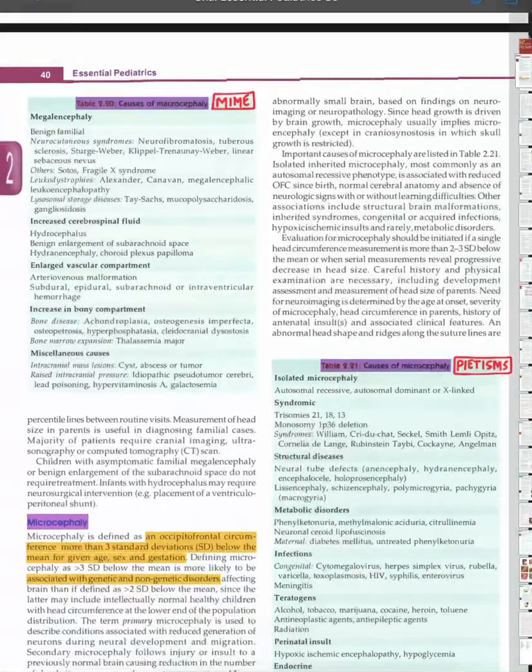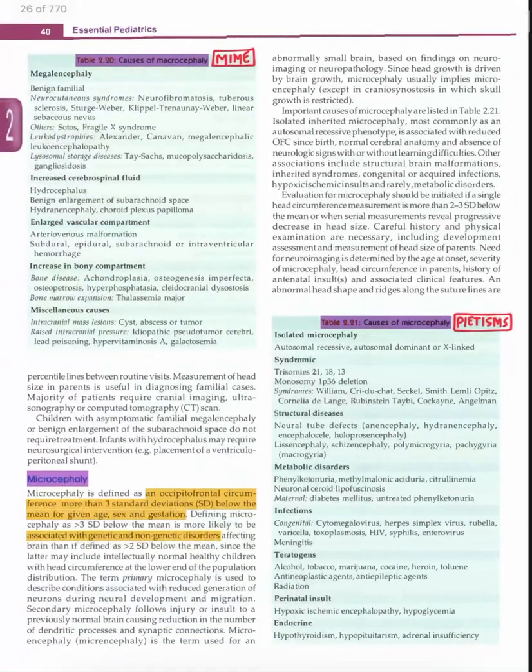What are the causes? P for perinatal insult, I for isolated microcephaly, E for endocrine causes, T for teratogens, then I for infections, S for syndromic, M for metabolic disorders, and then S for structural diseases: neural tube defect, lissencephaly, schizencephaly, polymicrogyria, pachygyria.